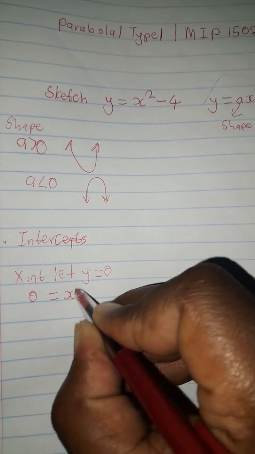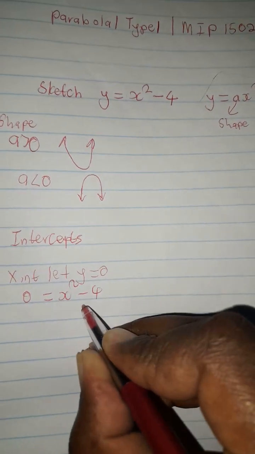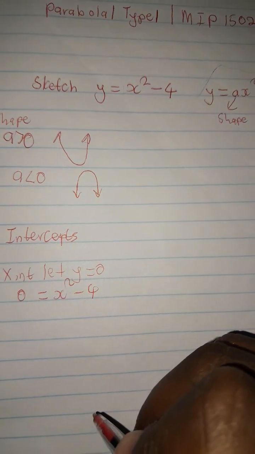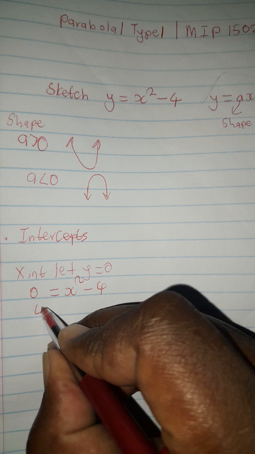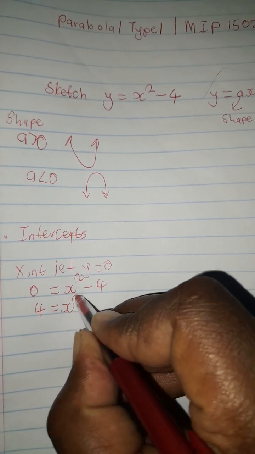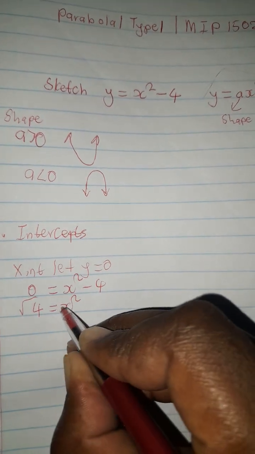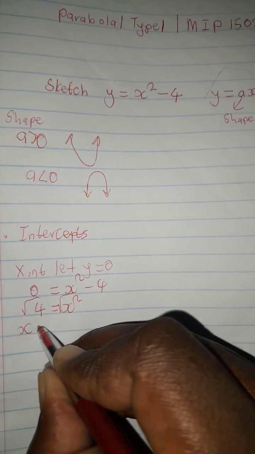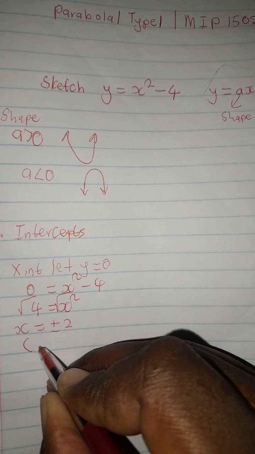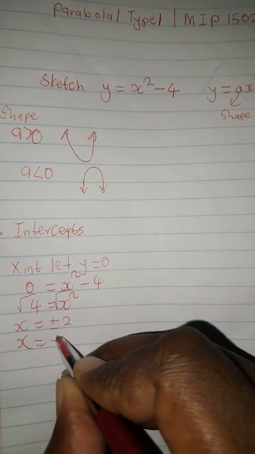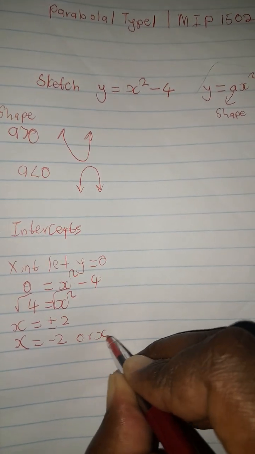So it will be x squared minus 4 equals 0. Remember, in our previous video we learned about solving quadratic equations. Take negative 4 to the other side, it becomes positive 4. So we have x squared equals 4. The square root of x squared is x, and the square root of 4 is plus or minus 2. In other words, we have two x values: x is equal to negative 2, or x is equal to positive 2.